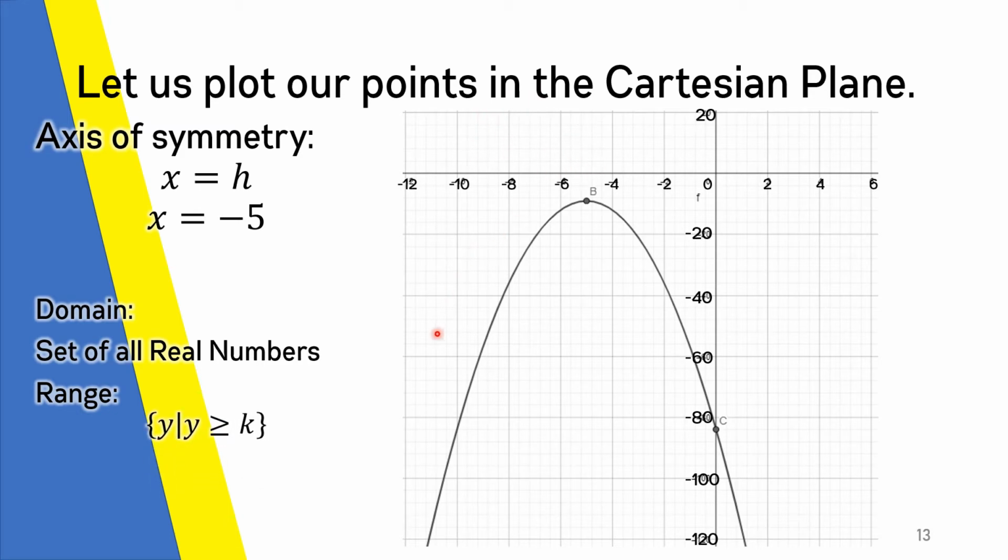So the value of y must be less than or equal to k. Sorry for the error. Therefore, y is less than or equal to negative 9, which is somewhat right here. Okay, so here is the axis of symmetry.